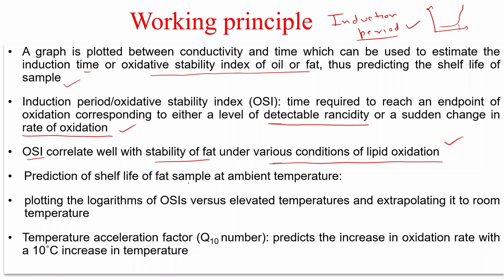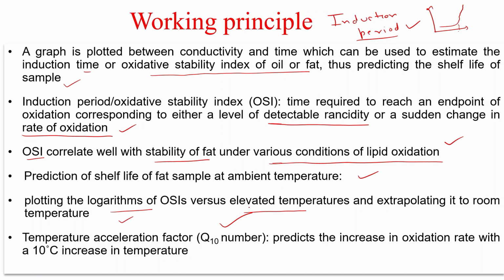Now, prediction of shelf life of fatty products is possible by plotting the graph of the logarithm of OSI versus elevated temperatures and extrapolating to room temperature. I have told you that the induction period obtained at higher temperature can be extrapolated to room temperature, that is, lower temperature. Now, the temperature coefficient, that is the Q10 number, can also be determined. What is the Q10 value?